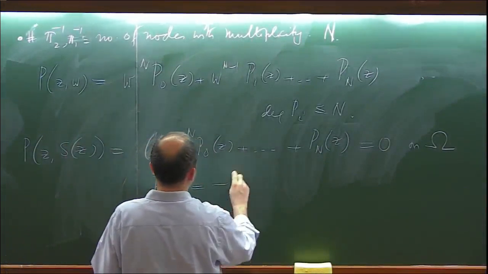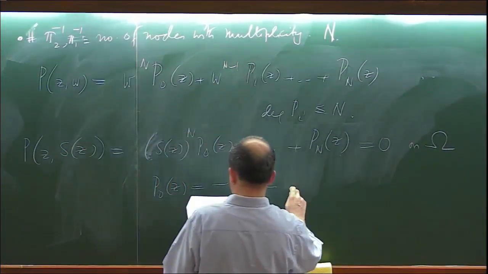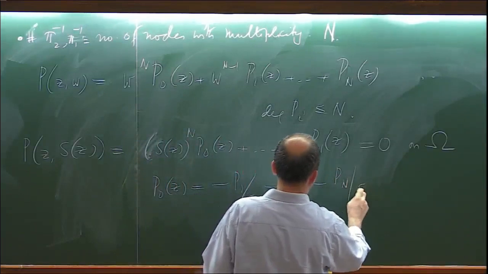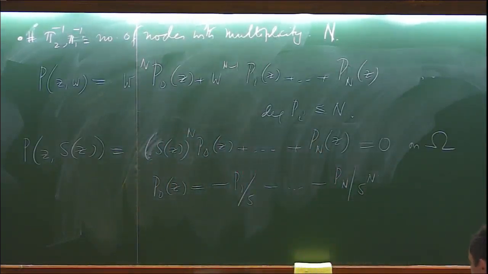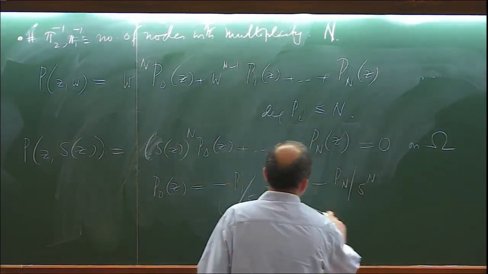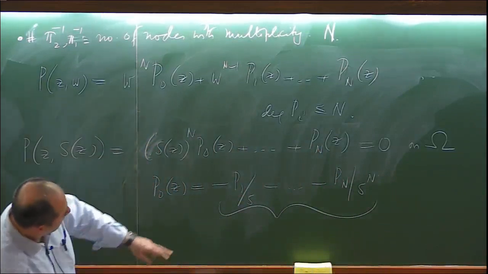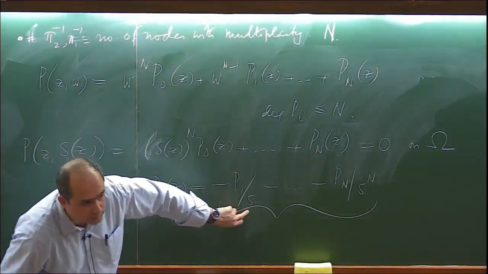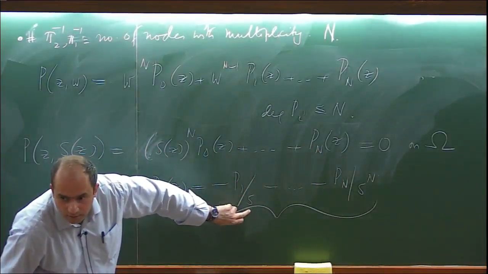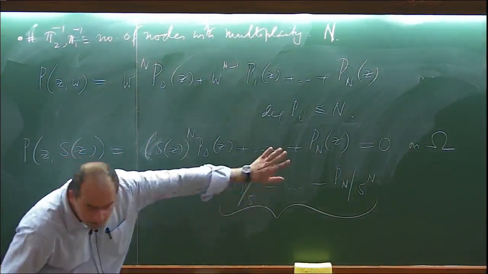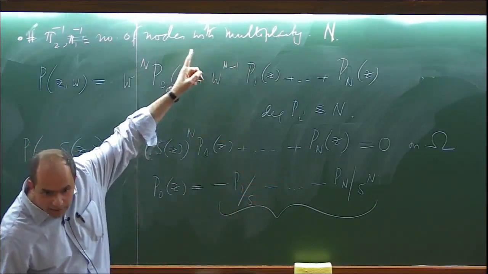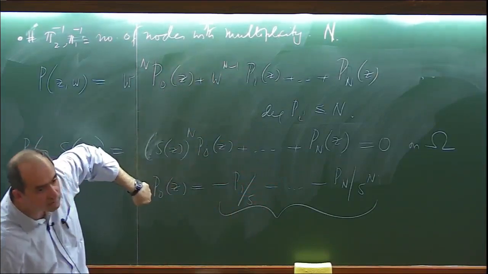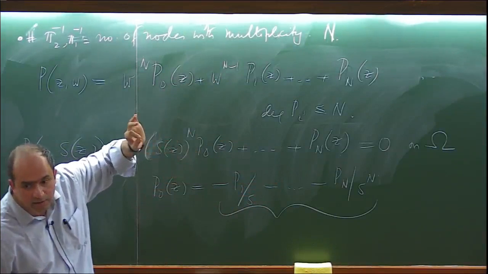P0(z) is minus P1 by S, and so on, S to the N. Okay, now take a look at this and evaluate the right hand side at the nodes of the quadrature domain. S has a pole, so this right hand side vanishes. And how many such points are there? There are exactly capital N of them. So P0 is a polynomial of degree exactly capital N.